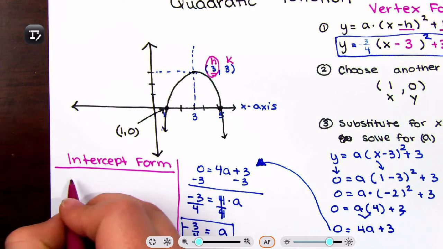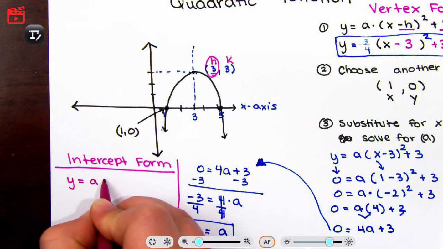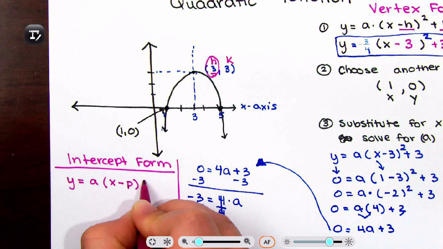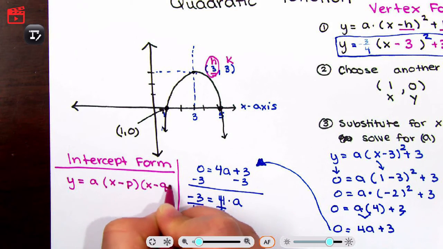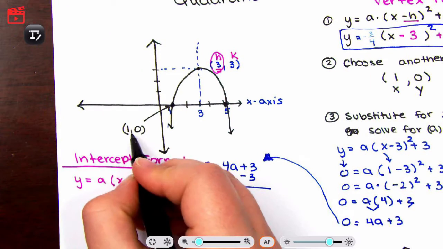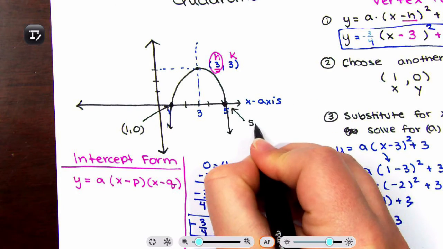So the format for the intercept form is y equals a times x minus p times x minus q. Now again, if it's inside parentheses, it's opposite of what we see. So our first x-intercept was 1, 0. Our second x-intercept is 5, 0.